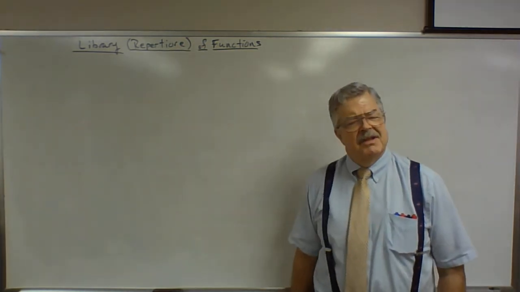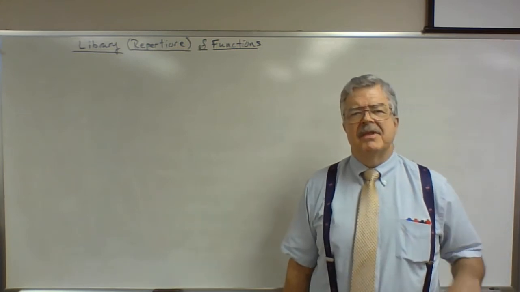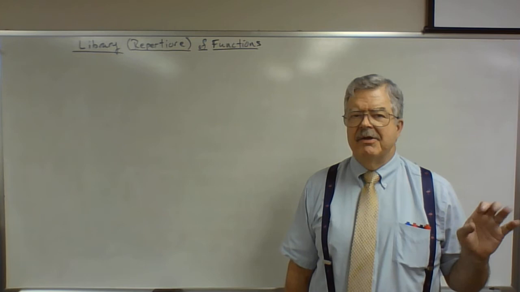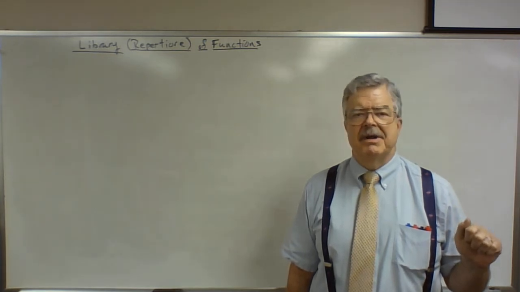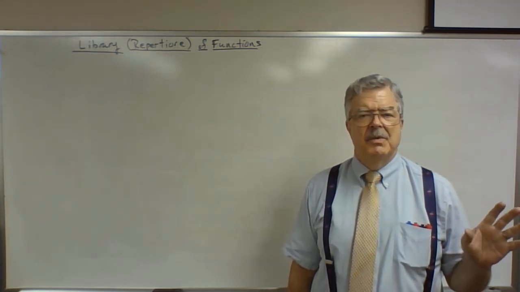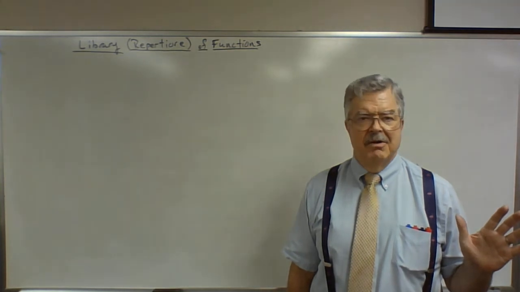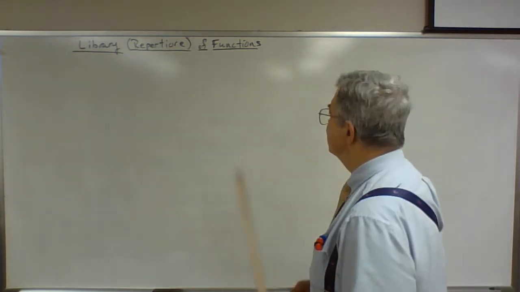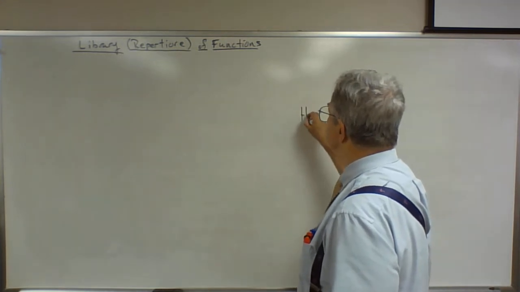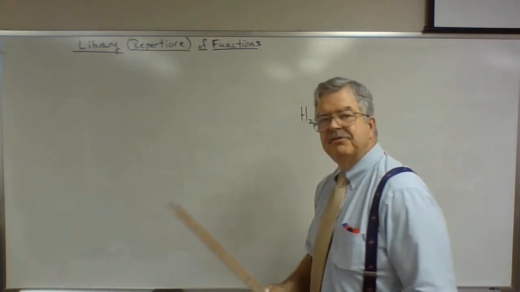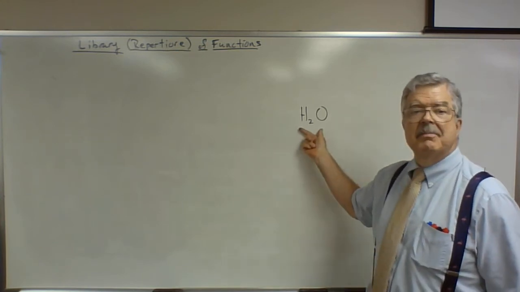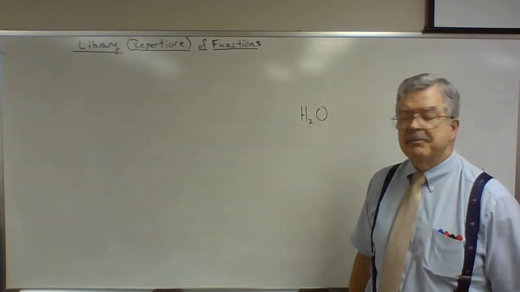And just to give you an example, if we were to study chemistry, there would be some chemical compounds that we would be expected to know by name and by symbol. For example, if we saw that chemical compound, we shouldn't have to look it up in a book to know that it's water.